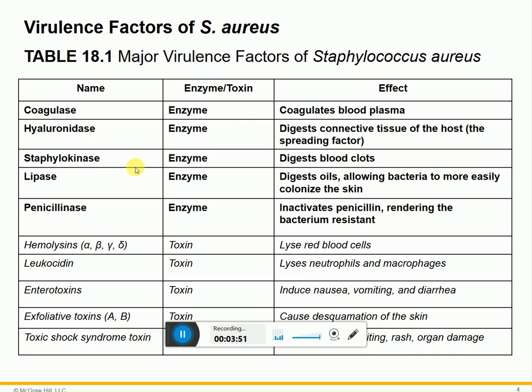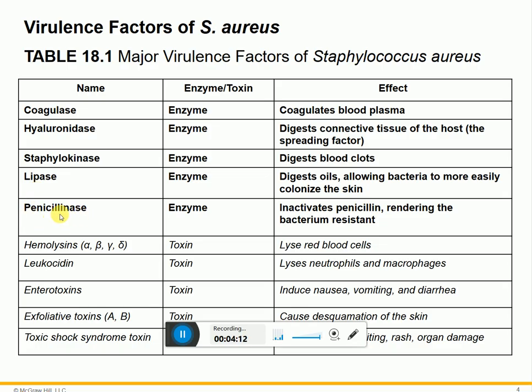Staphylokinase is another enzyme that digests blood clots. Lipase is an enzyme secreted by Staph aureus that digests oils and lipids, hence the name lipase, and allows this bacteria to colonize the skin.